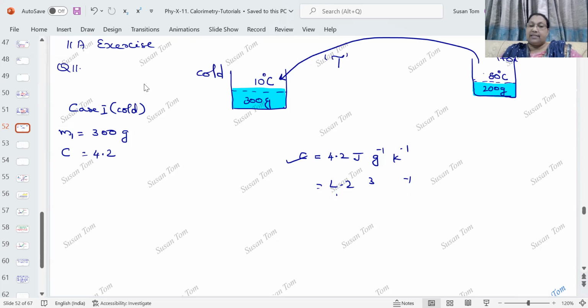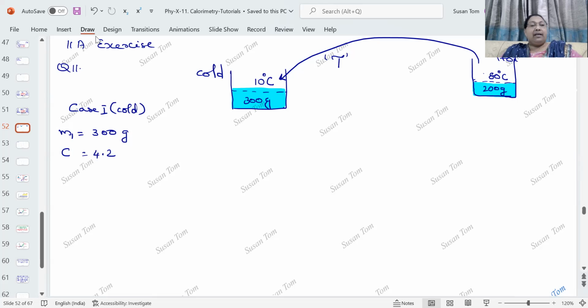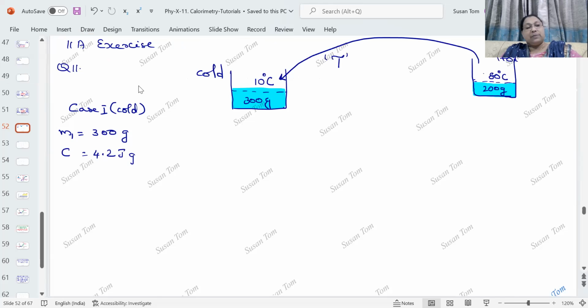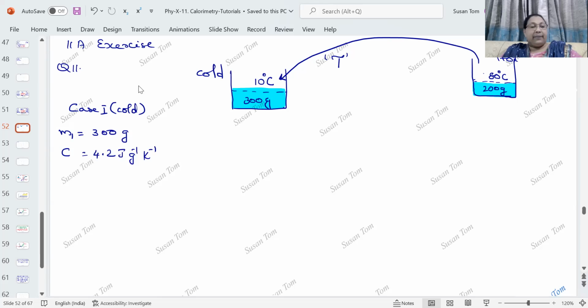Or what you do is the mass you change into kilograms. 0.3 kg you can write. Otherwise, I'm taking the given value, but per gram I'm taking. Is it fine? Joules per gram per Kelvin. Okay, now the initial temperature of this one is 10 degrees Celsius.